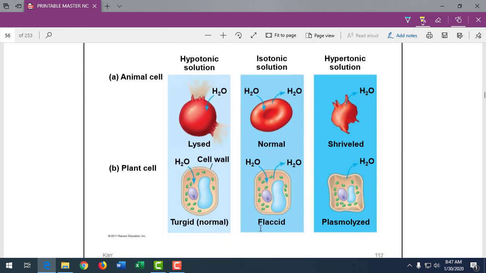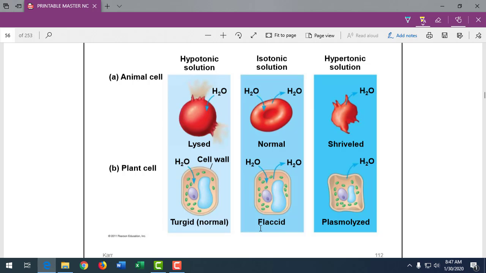So when you look at different concentrations of solutions, we look at the solute concentration, where there's more stuff. So in this first example, we look at this cell.